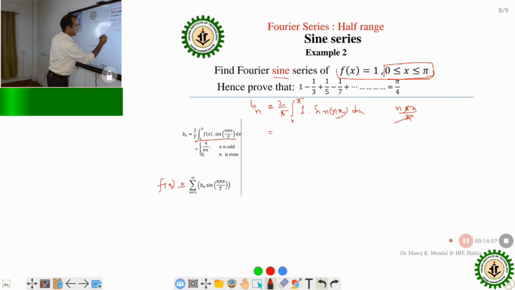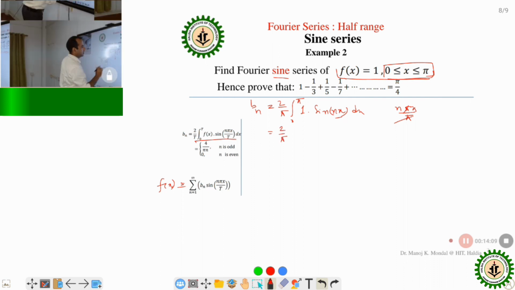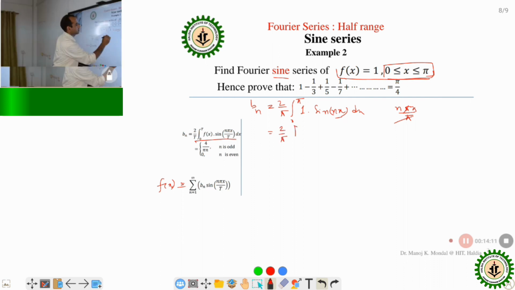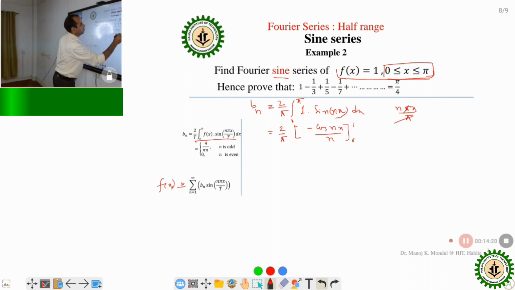When I integrate sin nx, we get minus cos nx by n from 0 to pi.